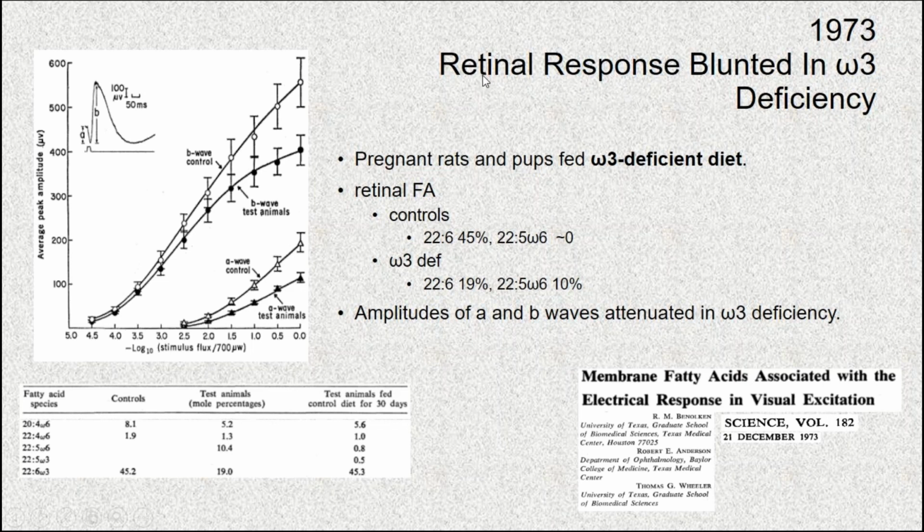Now, I want to point out that the retina, which is the light absorbing region of the eye, in the back of the eye, is sky high in DHA. It's at 45% in some phospholipid groups, which constitute the majority of the membranes in the retina.